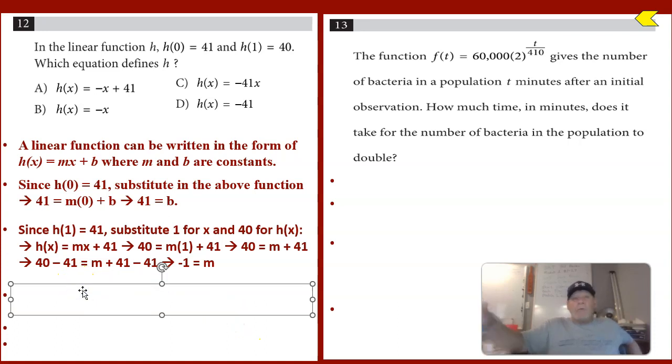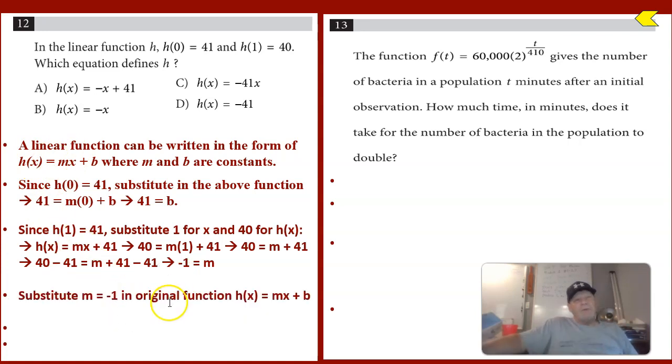So you can use the slope-intercept form. You can also use this function form I have here. Either one, so substitute that m equals negative 1 and that b equals 41 into my original equation.